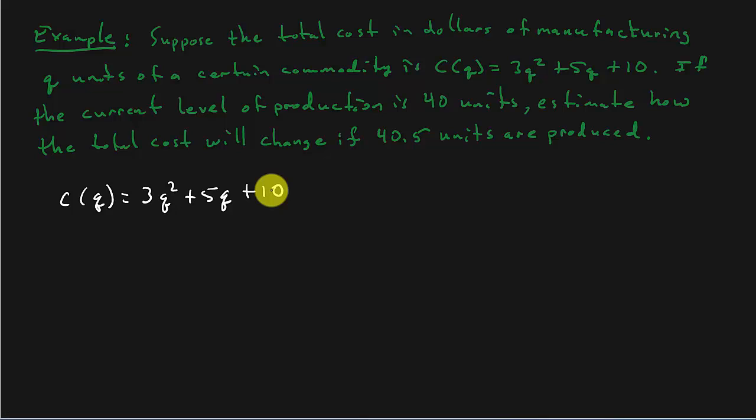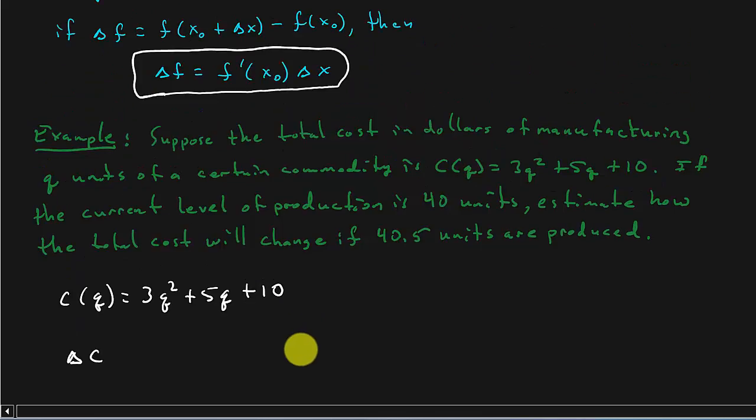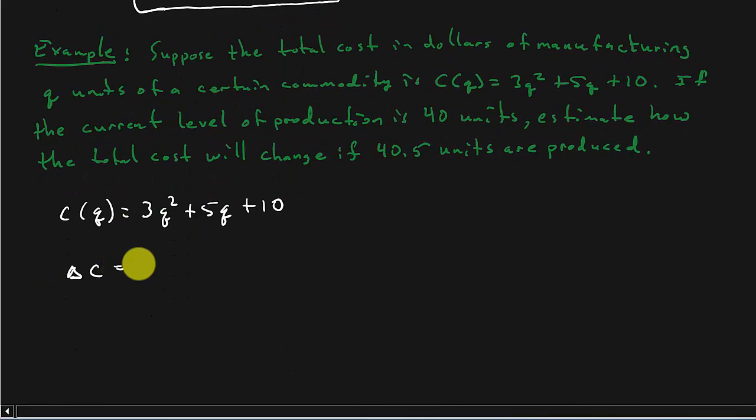Now, remember, delta C is equal to C prime of q times delta q.